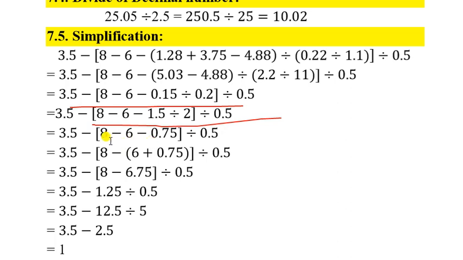And see here 8 minus 6 minus 0.75, here 8 and 6 are also present in negative form and 0.75 also in negative form. So we can take out this minus sign as common, then we can convert into plus form. And after getting this result, we can do here in bracket 1.25, then again in the divisor 0.5.